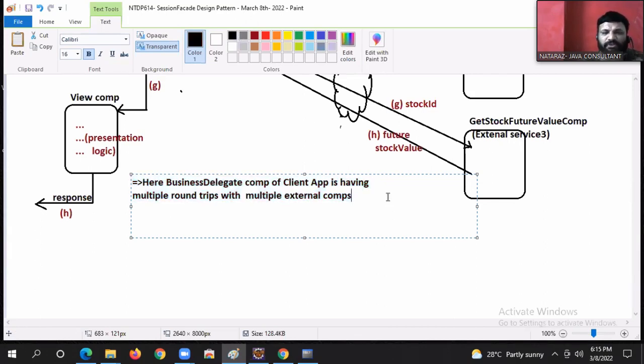Multiple round trips with what? Multiple external components. Multiple round trips with multiple external components, guys. Got the point, my dear?